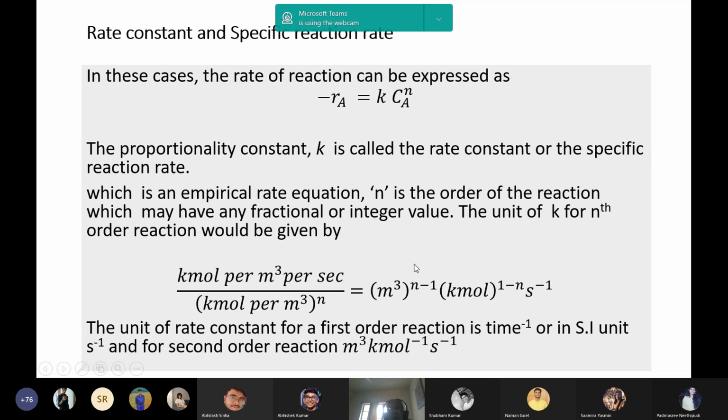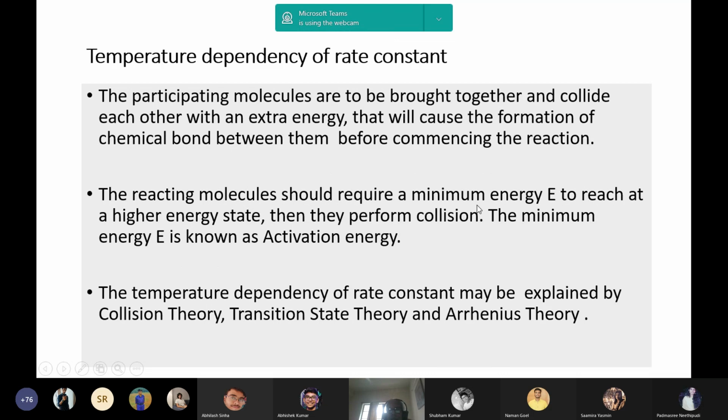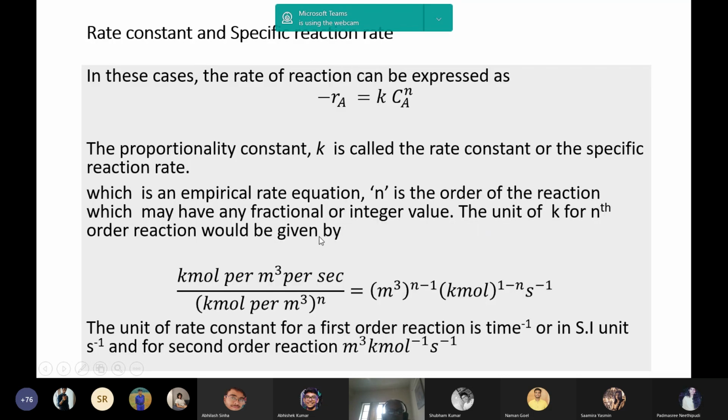The unit of rate constant can be found from this expression. The unit of K for nth order reaction is kilomole per meter cube per second divided by (kilomole per meter cube) to the power n, that is, divided by Ca to the power n, and ultimately we get meter cube to the power n minus 1, kilomole to the power 1 minus n, per second.